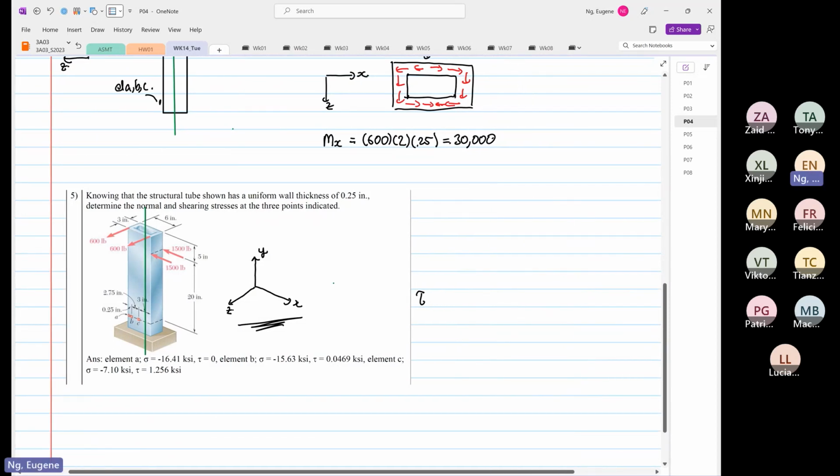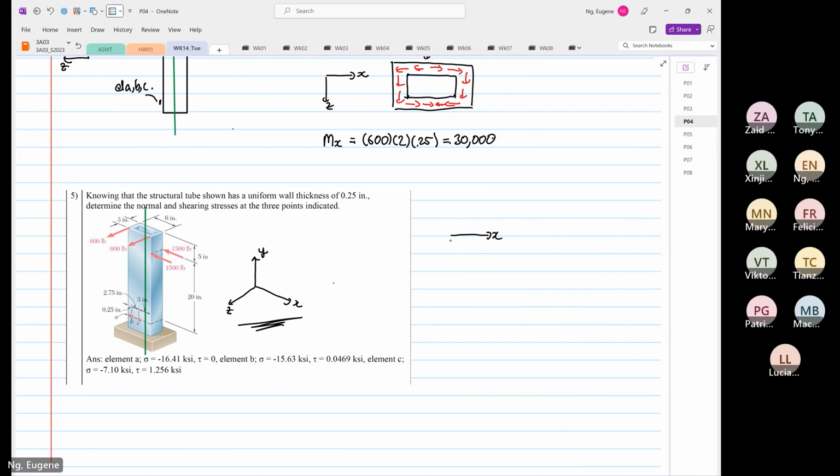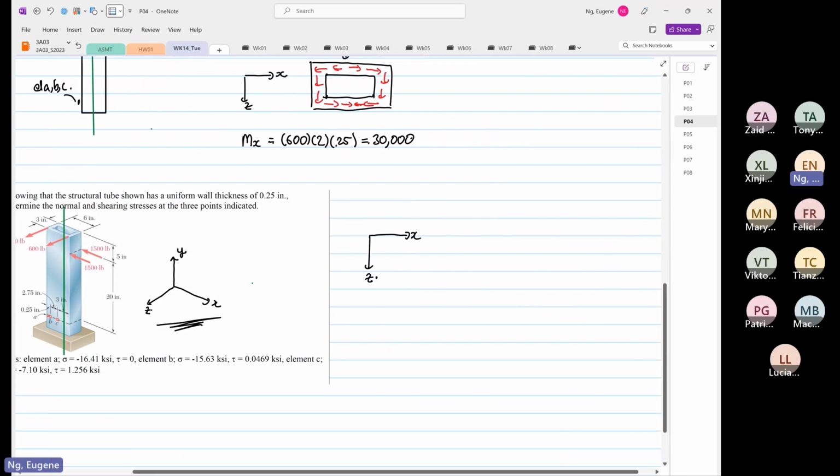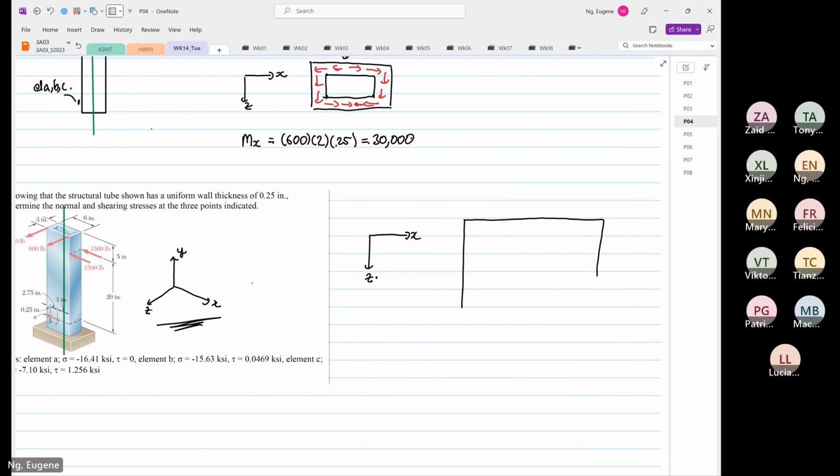So this is my X direction. This now is my Z direction. So if I draw it this way, all right.